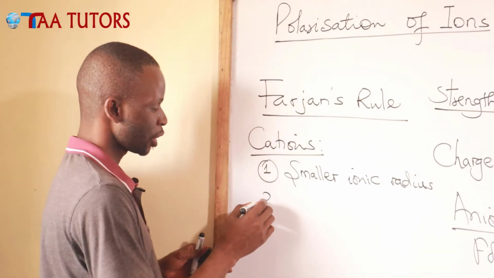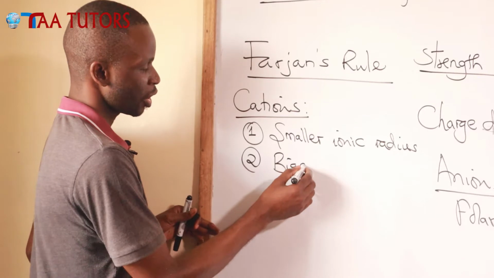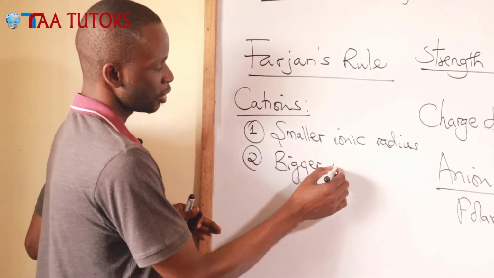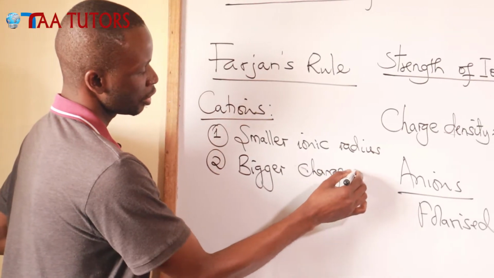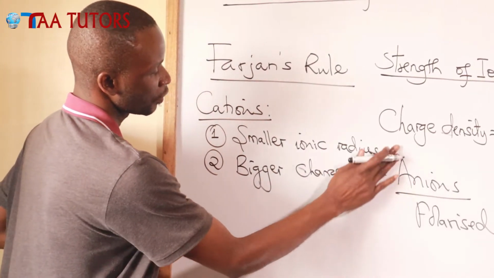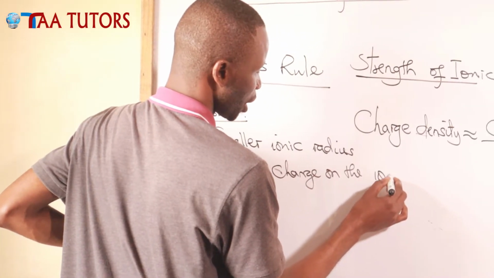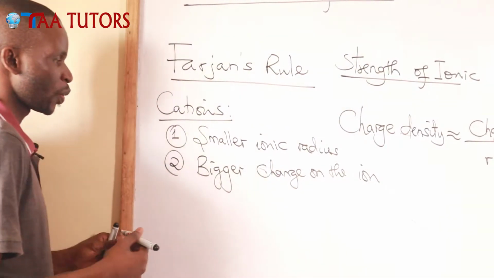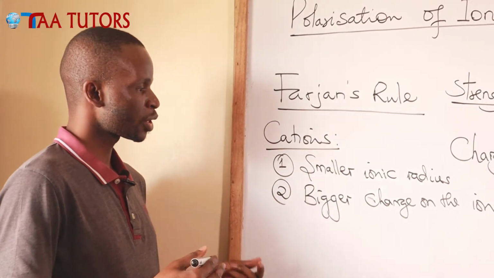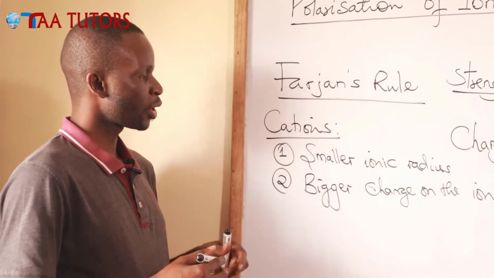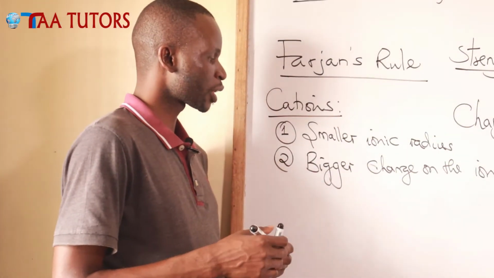Number two is a bigger charge. So for cations, an ion with a bigger charge will have a stronger polarizing power, and an ion with a small ionic radius will have a bigger or stronger polarizing power.